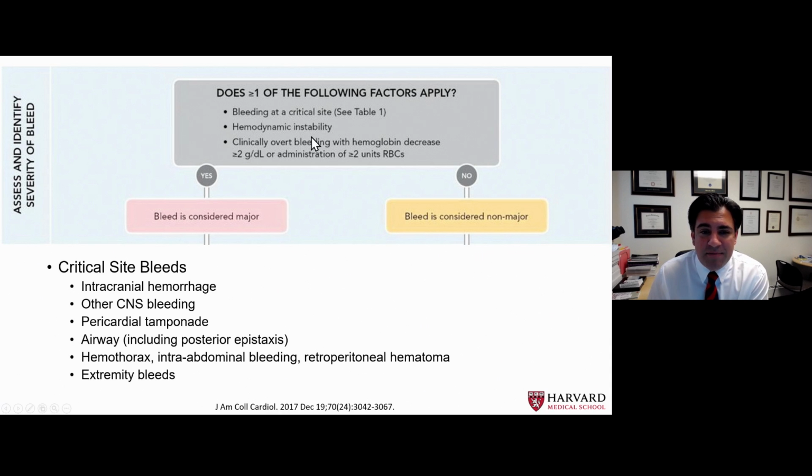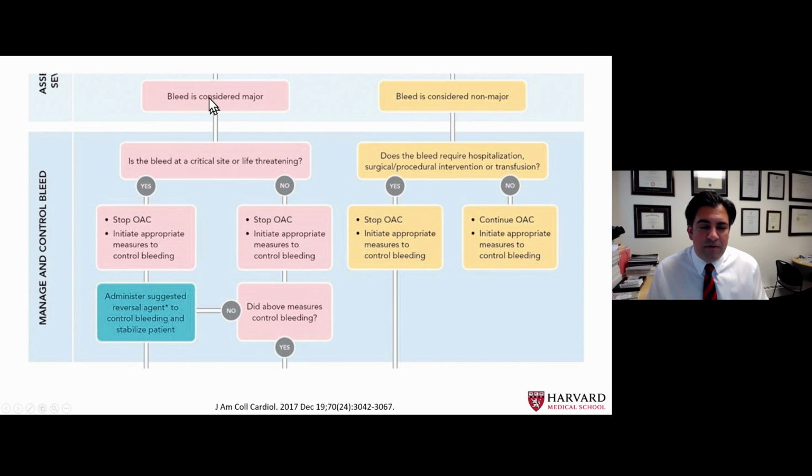Are they hemodynamically unstable, or are you seeing a drop in hemoglobin greater than 2 grams from baseline, or they needed 2 or more units of red cells? If so, that is a major bleed. Otherwise, this is a non-major bleed. Well, if you have a major bleed, you go through, and in all cases, you'll see all the way across stopping anticoagulation. Initiate appropriate measures to control bleeding.